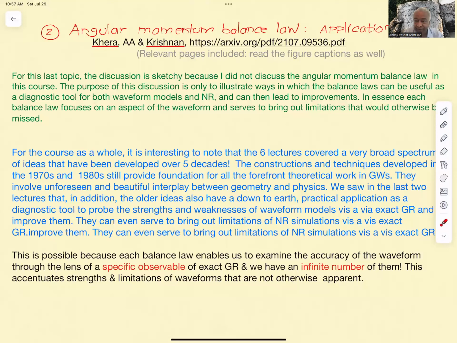I don't think so. Okay, I have a question regarding this improvement of models. So you stated that we can check these conservation laws, balance laws, and then use them to check whether they're violated and then maybe improve the models.